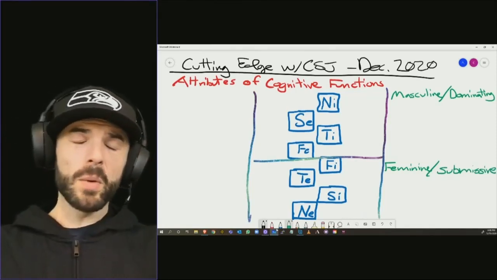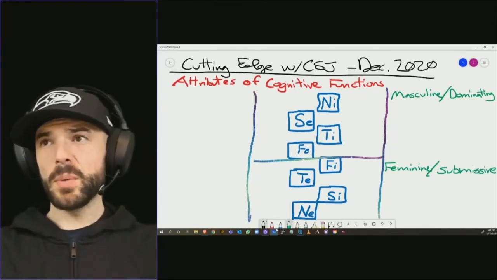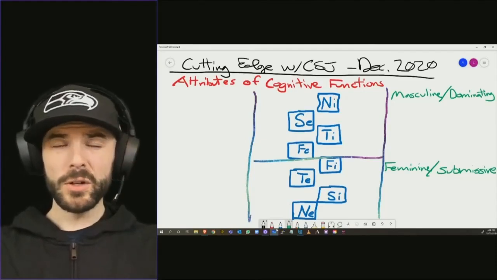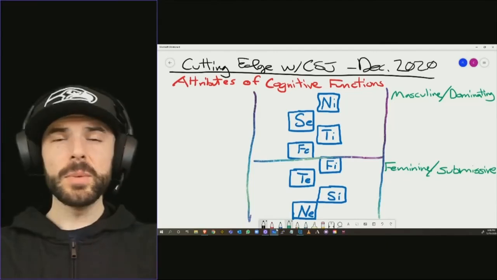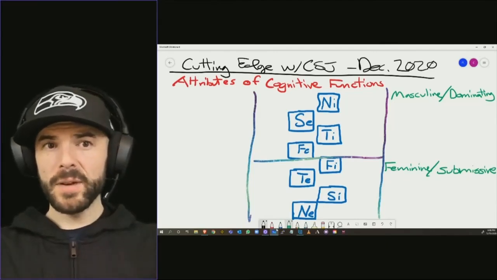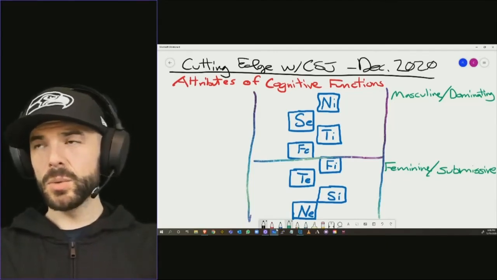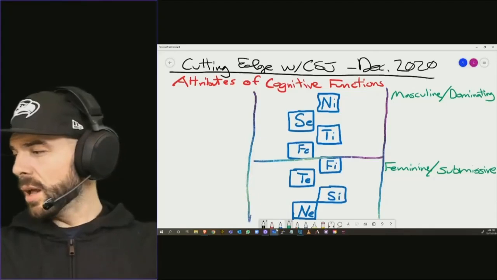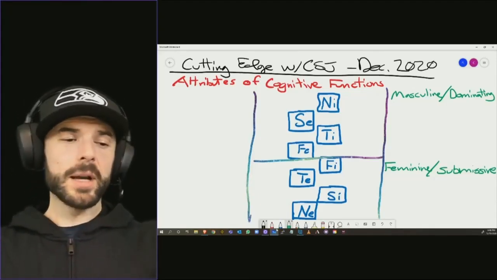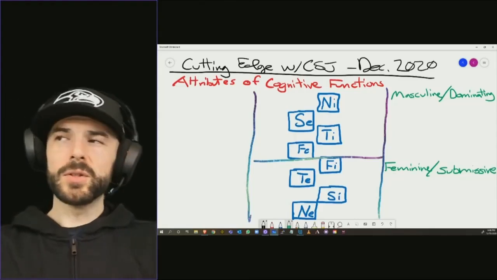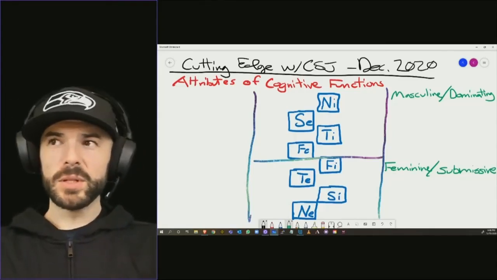Now, remember, we're looking at this from the standpoint of individual functions themselves. We're going to talk about how this translates into the type grid after the fact. So bear with me because a lot of you are going to be like, well, wait a minute, how does this even work? Now, let's talk about masculine versus feminine functions and dominating versus submissive functions.